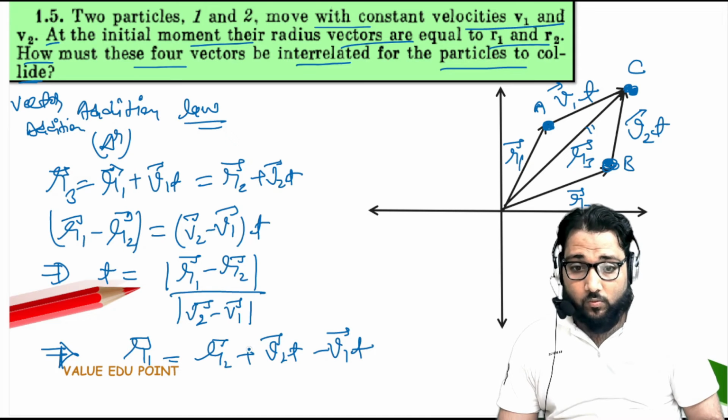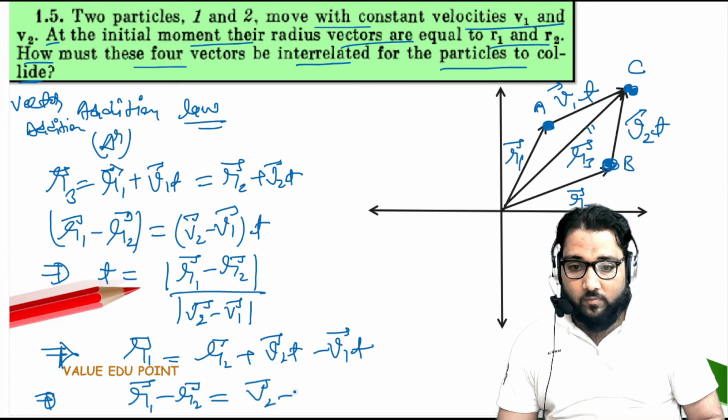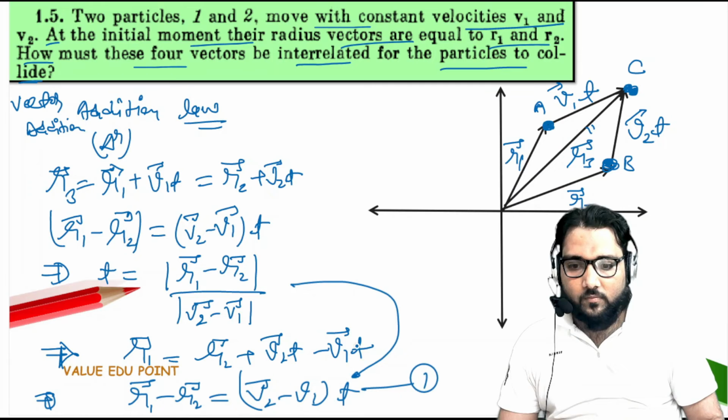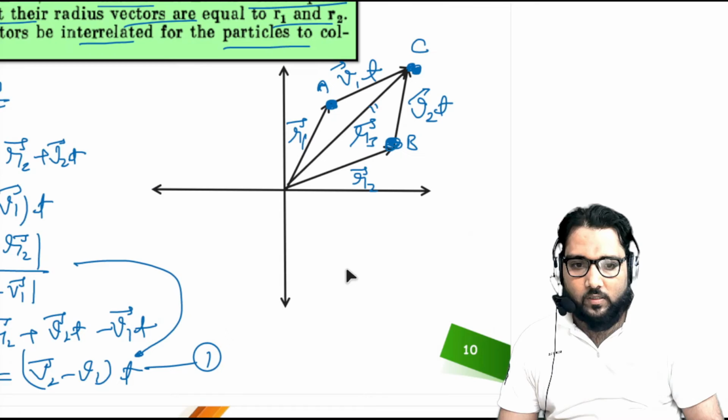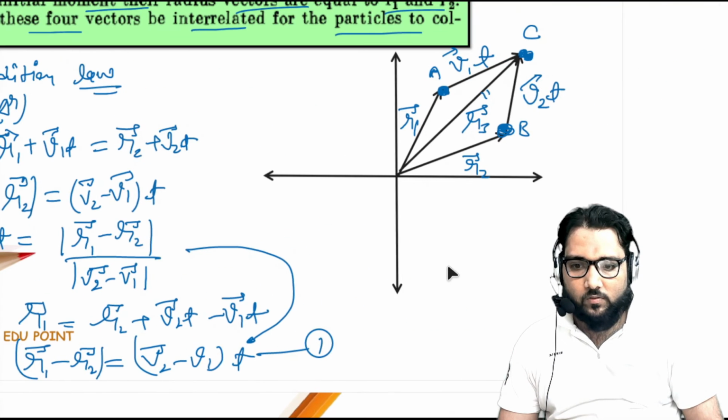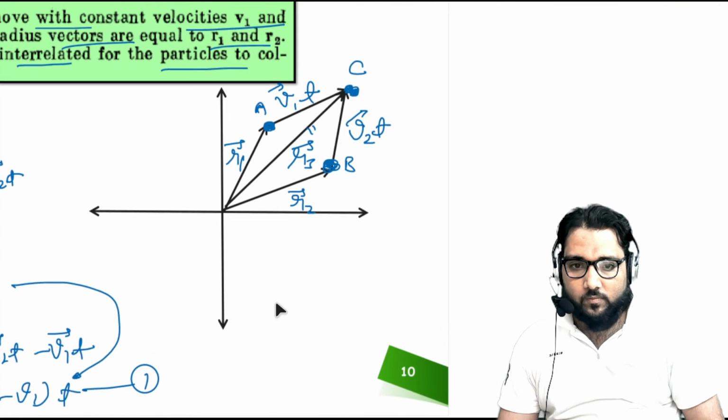Now what I'm writing is r1 minus r2, taking v2 t common, and I am putting the value of t from equation number 1. So what will come, guys? Look at this here.